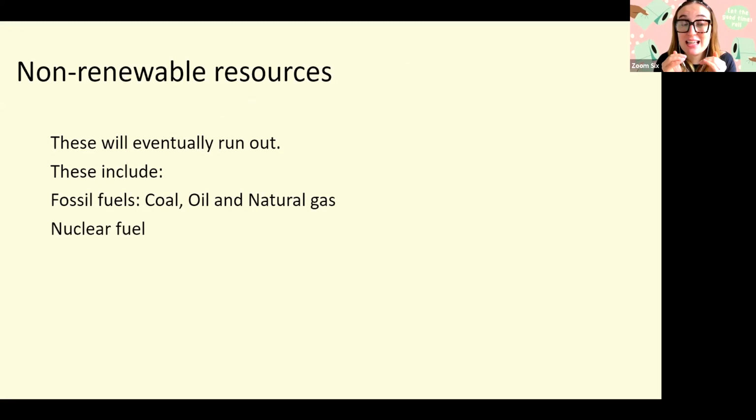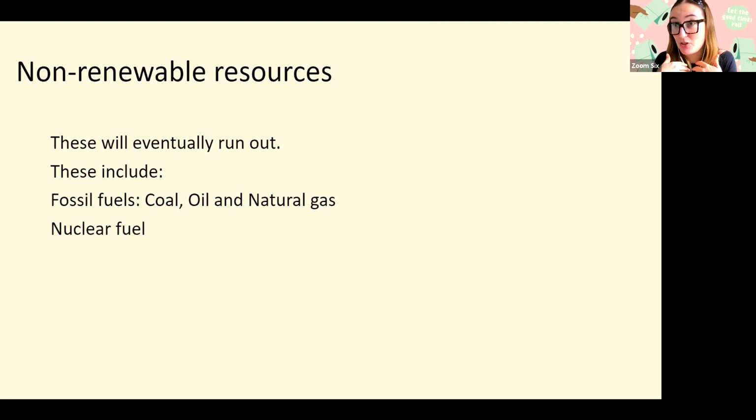The ones that we talk about mainly tend to be your fossil fuels, and fossil fuels include coal, crude oil, and natural gas. They're called fossil fuels because they're made from the decay of old living things deep underneath the ground for millions of years. And because it takes millions and millions of years to form fossil fuels, they're non-renewable.